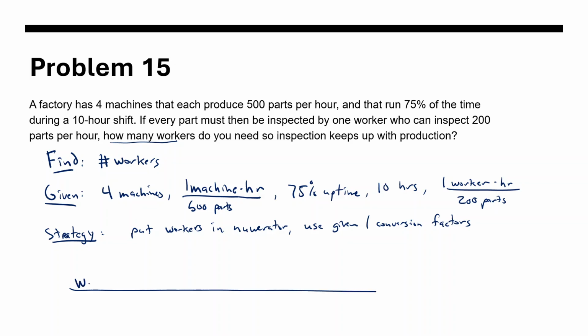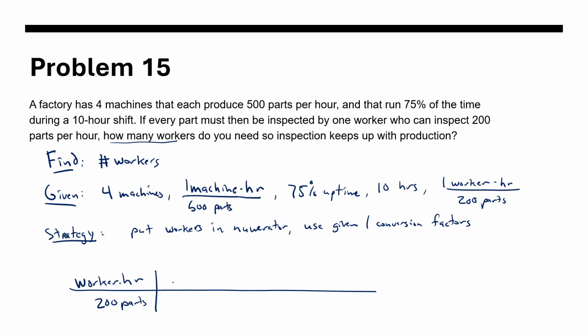So we have one worker hour is 200 parts. Okay. So I need to get rid of hour and I need to get rid of parts down here. So we have one machine hour is 500 parts. If we flip that around and do 500 parts per one machine hour, then we can get rid of parts.